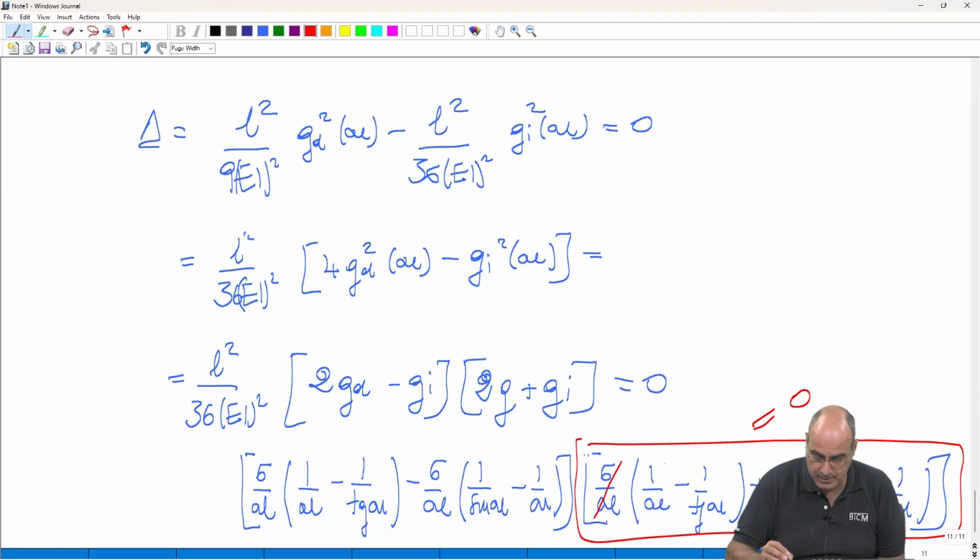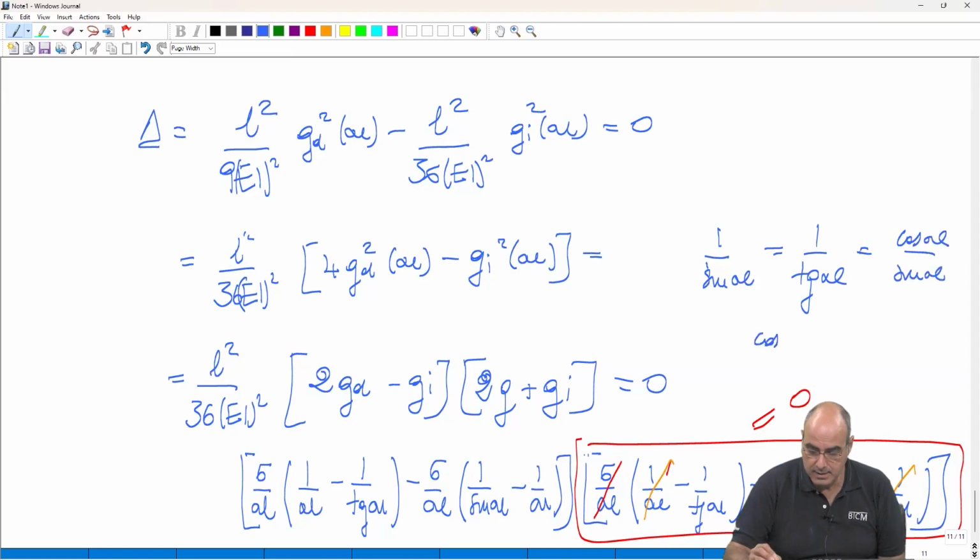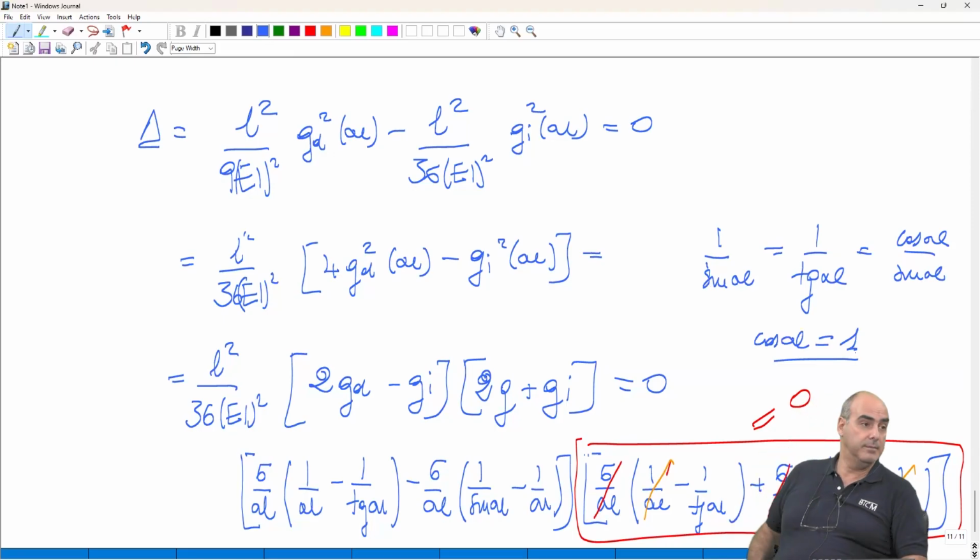So this you can cancel out. So what remains is 1 over sinus of alpha L equal to 1 over tangent of alpha L. This means cosinus over sinus. The condition is cosinus of alpha L equal to 1.